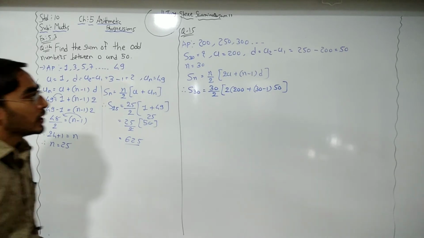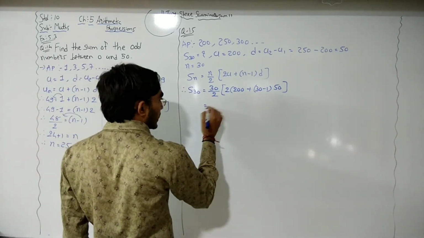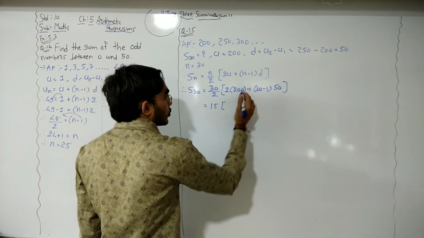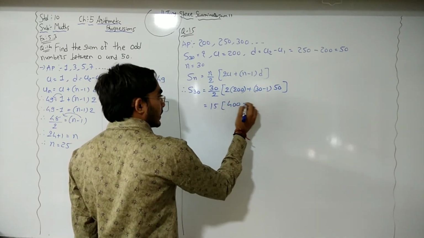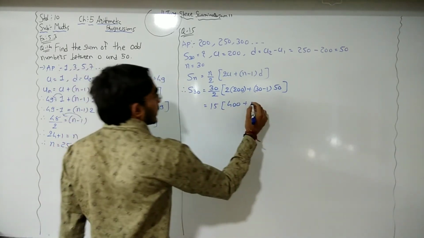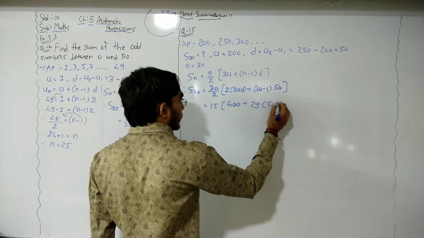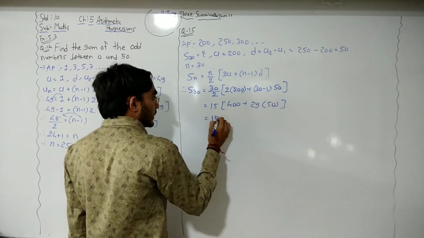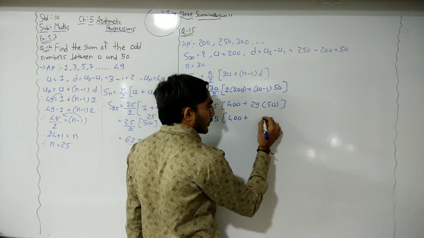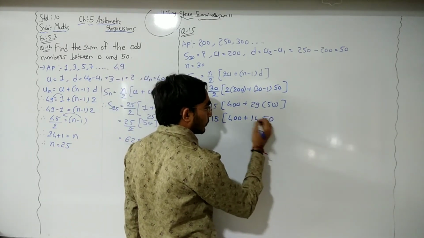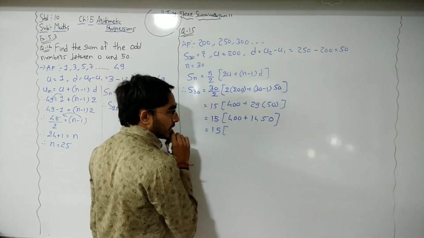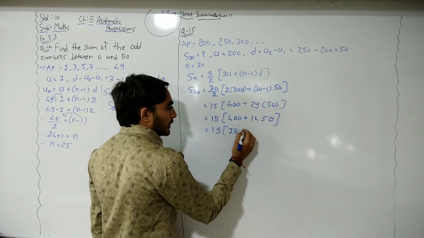Okay. Now simplify this. So 30 divided by 2 is 15. Here 2 times 200 is 400, 30 minus 1 is 29, 29 multiply 50 is 1450.